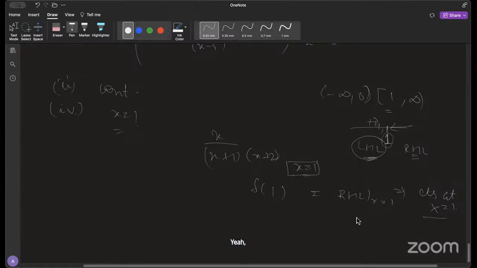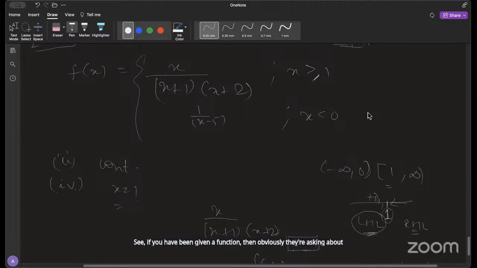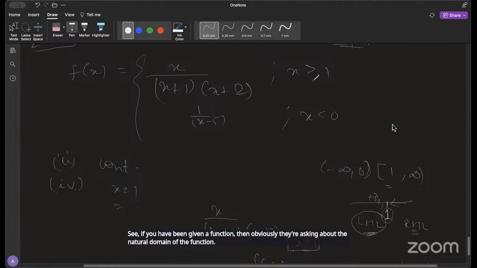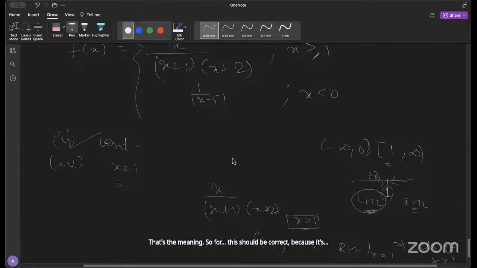If you have been given a function, then obviously they're asking about the natural domain of the function. So when they say f is continuous, they mean f is continuous on its natural domain. The other part doesn't even exist. So this should be correct because it's continuous on its domain.